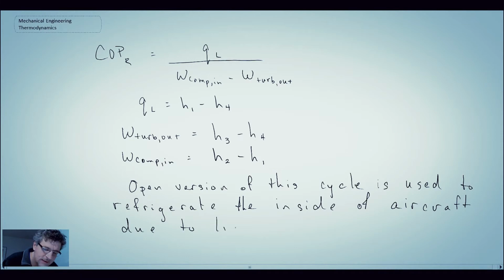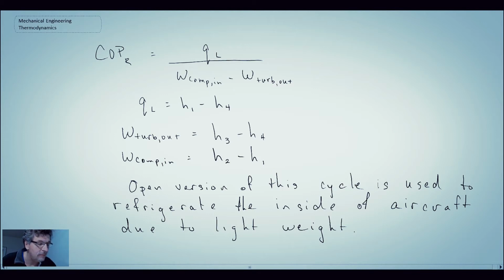And the advantage is that it has a very light weight. Some older aircraft used to use refrigerants, but in recent years, I think the 707 was one of those, but in recent years, all the aircraft have used this cycle in order to condition the air.